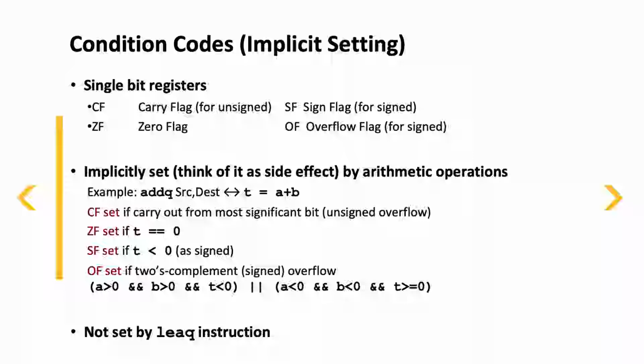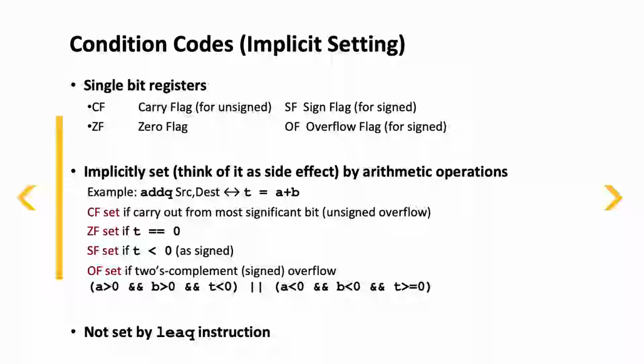And we've got CF, our carry flag, ZF, our zero flag, SF, the signed flag, and that's for signed operations, and OF is the overflow flag. That's also for signed. That's for overflow of 2's complement operations, whereas the carry flag, CF, indicates overflow for unsigned operations.